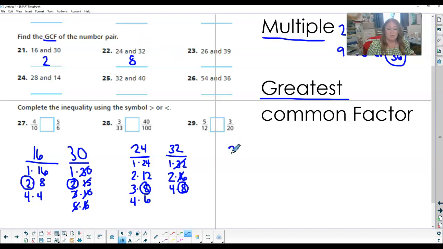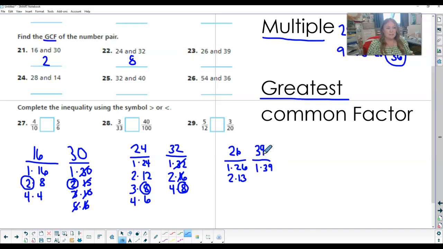So I'll do one more with you. We got 26 and 39. So 1 and 26. 2 and half of 26 is 13. 3 can't, 4 can't, 5 can't, 6 can't, 7 can't, 8 can't, 9, 10, 11, 12, and we already have 13. So it only has 2 pairs. So 39: 1 and 39.